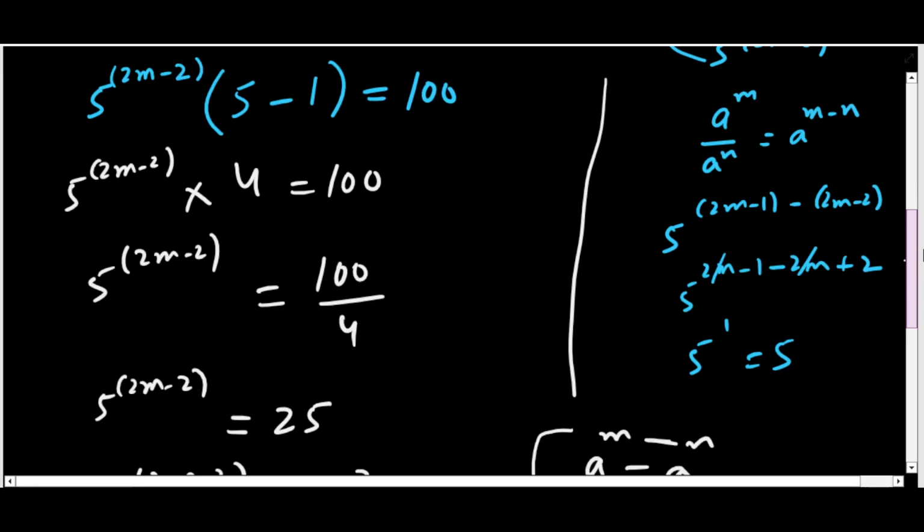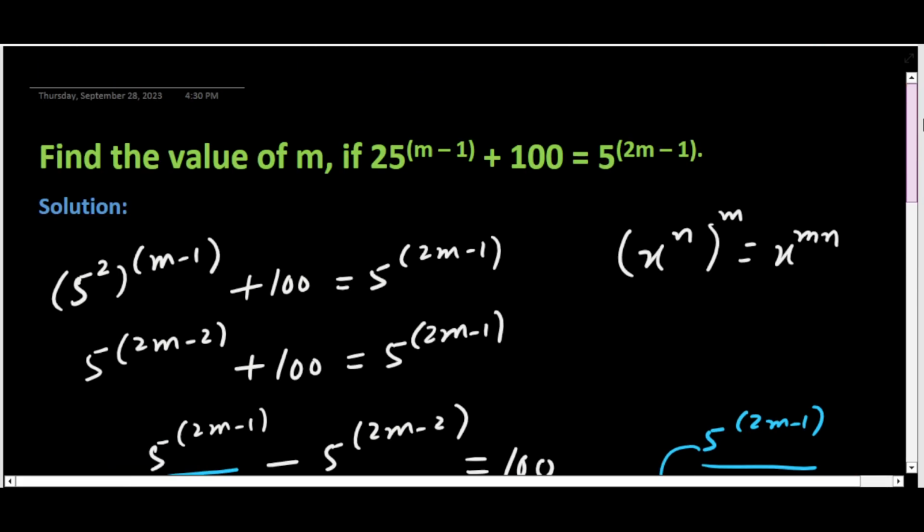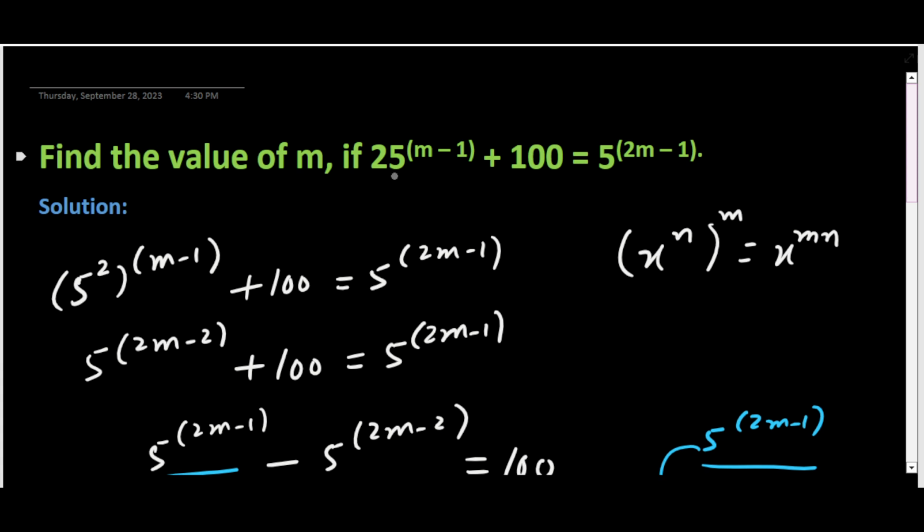When we place this value m is equal to 2 here, 2 minus 1 is equal to 1, and 25 power 1 is 25. We will get 25 plus 100, it will become 125, right? When we place m as equal to 2, 2 multiplied by 2 is equal to 4, 4 minus 1 is equal to 3.